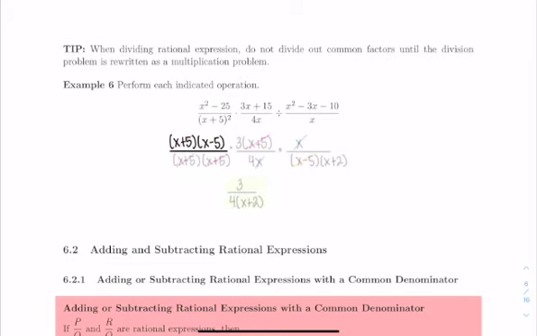And this is over x plus 5 squared. So I'm just going to write x plus 5 twice, so we're able to cancel a little bit easier. In the second one, we can factor out the GCF of 3, and we're left with x plus 5 all over 4x.